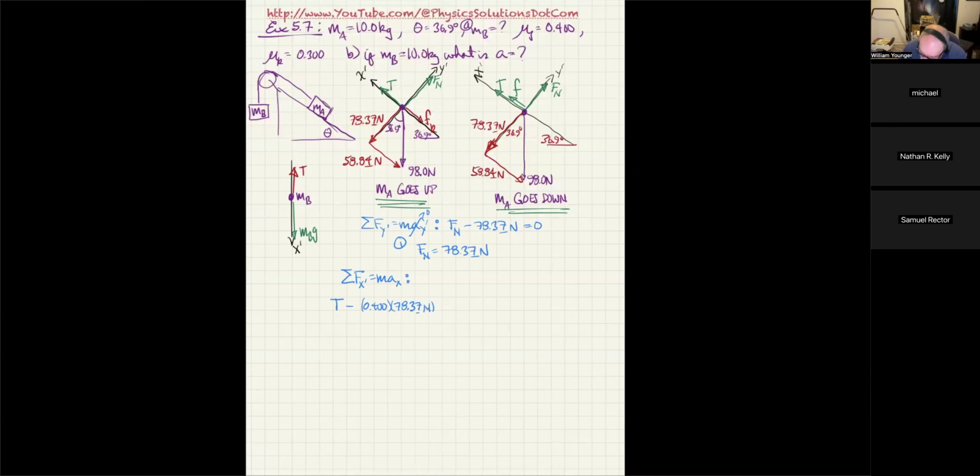That's the T minus the friction force. Now, in addition to that, we're also going to have the minus 58.84 newtons as well. All of that is going to be equal to 10.0 kilograms times a. So that is our expression.